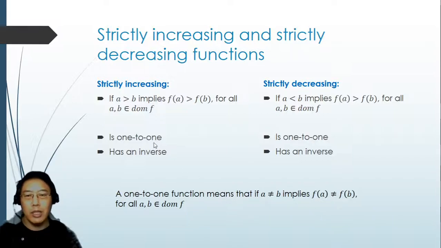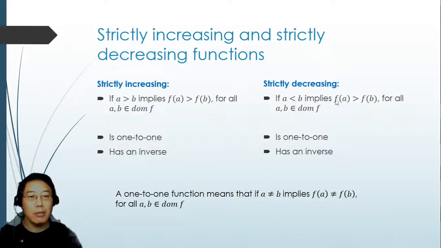Something else that we need has been reviewed as well. It's helpful if you have an interval or an inequation a is greater than b, and you apply a strictly increasing function f to that inequation, it is the same inequation. Being strictly increasing also means it is one-to-one, and you can have an inverse.